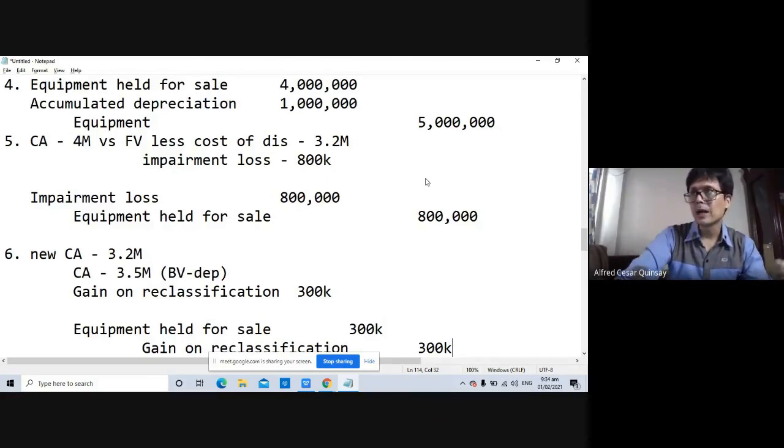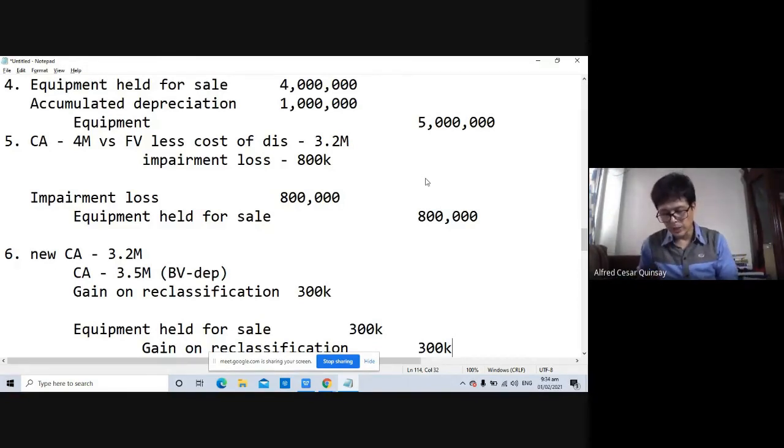Ang sabi natin, pagka nagkaroon ng reclassification, no, 'di ba? Bumalik ulit tayo doon sa page 677. If there is in such a case, PFRS number 5, paragraph 27 provides that the entity shall measure the non-current asset that ceases to be classified as held for sale at the lower between carrying amount of the asset on the basis that the asset had not been classified as held for sale versus recoverable amount at the date of the subsequent decision not to sell. So, kinuha lang natin yung na yon. Ito yung parang nag-govern dun sa transaction na to, yung number 6.